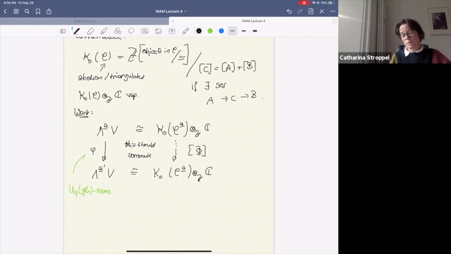somehow the induced map from a functor. So this phi is supposed to be a functor phi from this one category C^A to the category C^A', which is exact. And whenever this is exact, it induces naturally a morphism between the corresponding vector spaces.